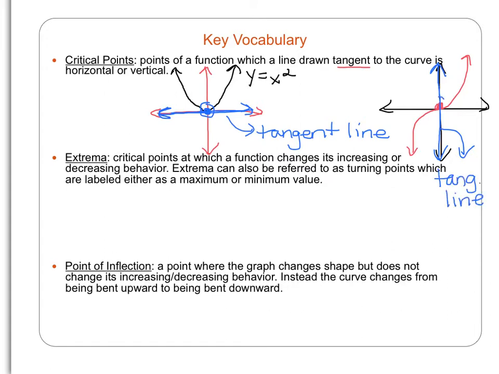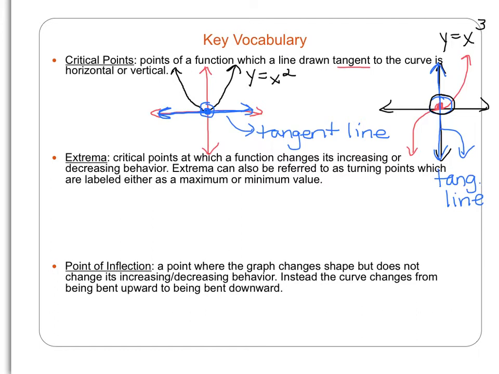Tangent means to touch, which means that the tangent line can only touch the graph of the function at one point. Therefore, the function has a critical point at x equals 0. So those are just some examples of critical points where the tangent line is either horizontal or vertical.